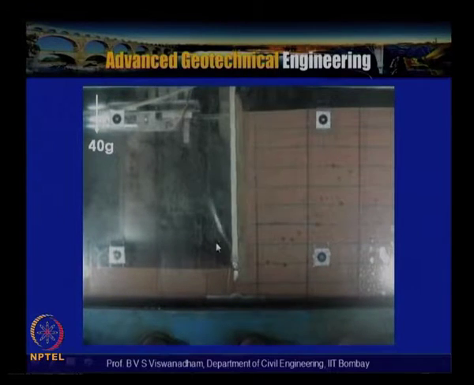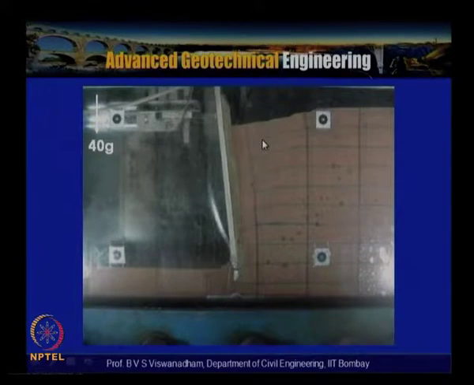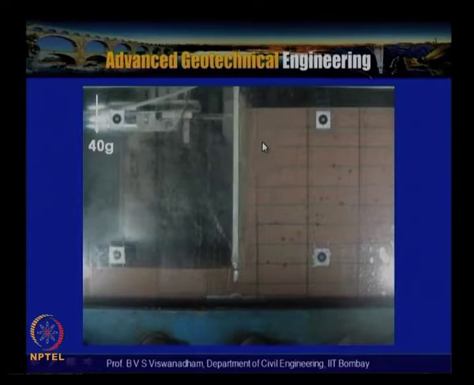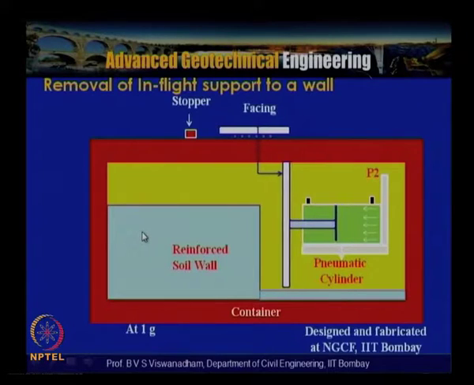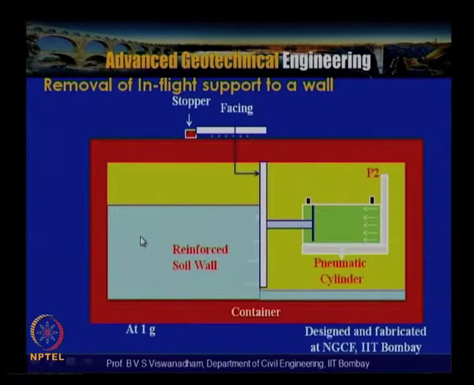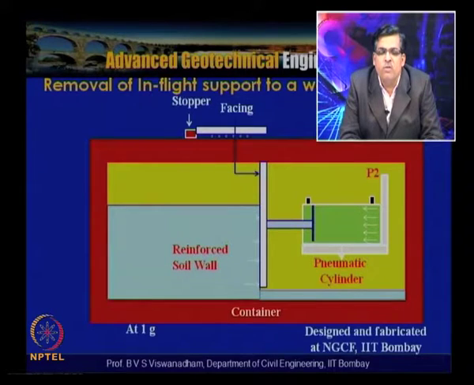So this is another typical example of the retaining wall mode of failure, particularly the active state of failure, which was tested at IIT Bombay. Very recently, in 2013, an in-flight support system was developed, wherein let us say we have a reinforced soil wall, or a soil nailed wall, or a particular wall.